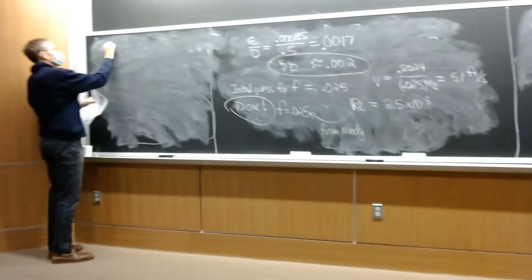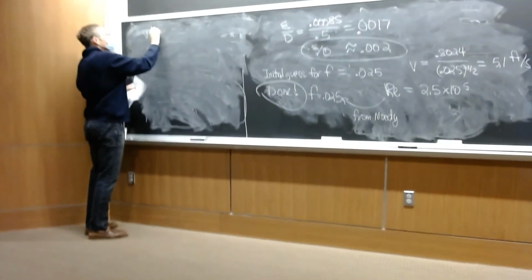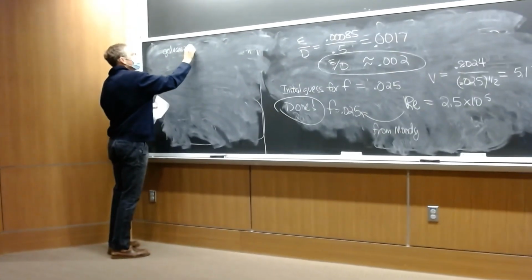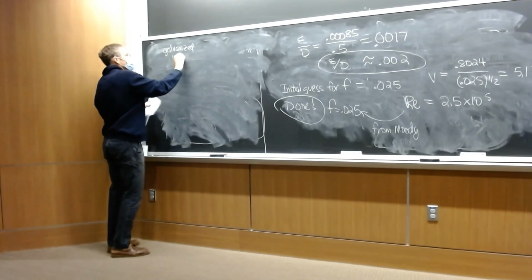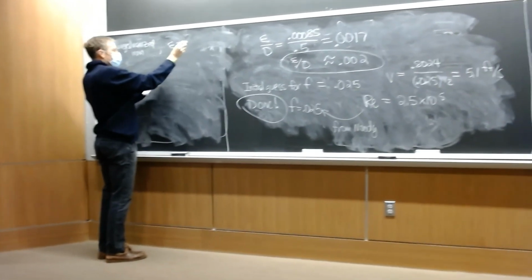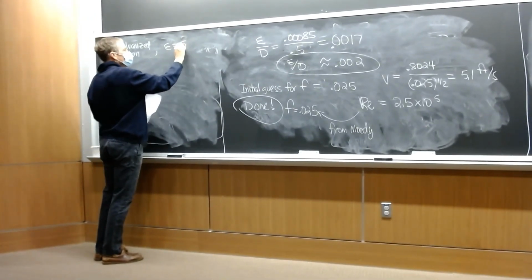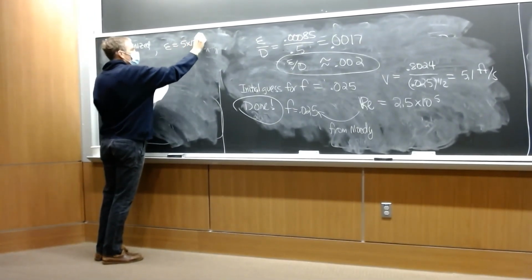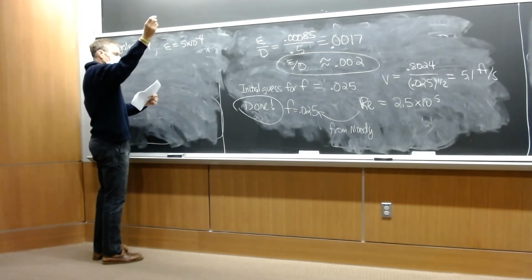I'm using galvanized iron, which, looking up that epsilon in the table, we get 5 times 10 to the minus 4.